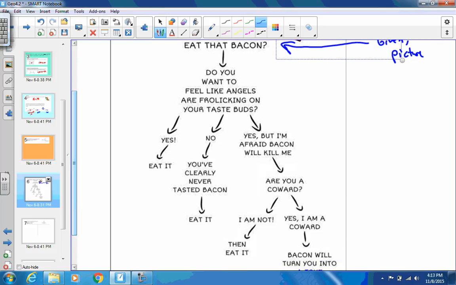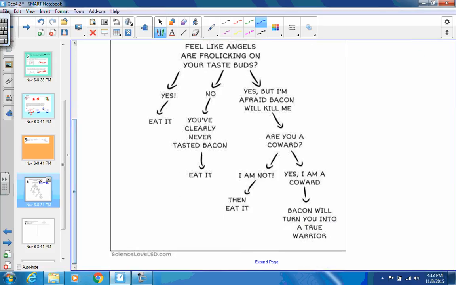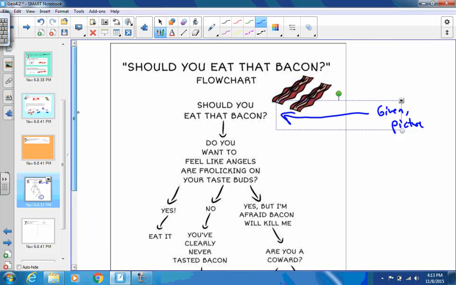You notice in proofs, things build off of each other. This other one, where it said I'm afraid it could kill me: are you a coward? I'm not, or yes, I am. If you say I'm not a coward, eat it. If you say yes, I am a coward, bacon will turn you into a true warrior. So that's how they come up with this final conclusion here, and it's an example of a flow proof.